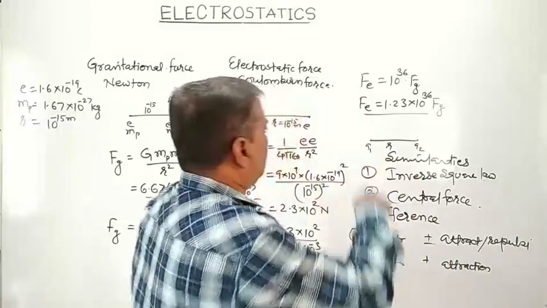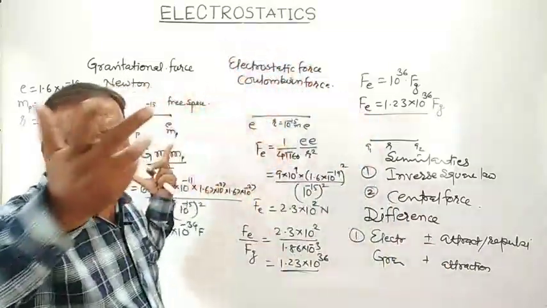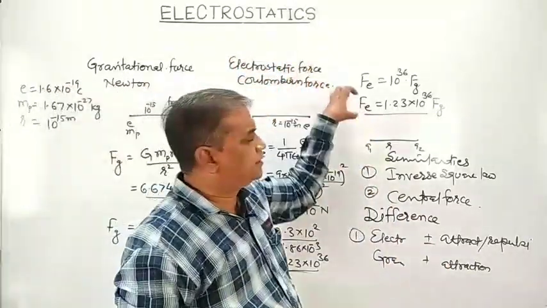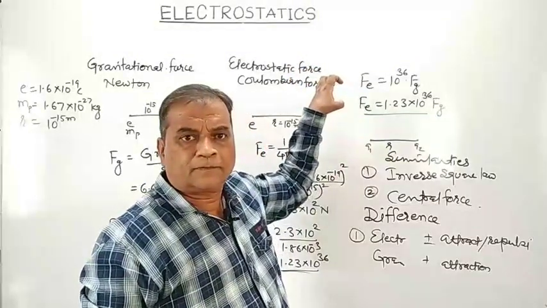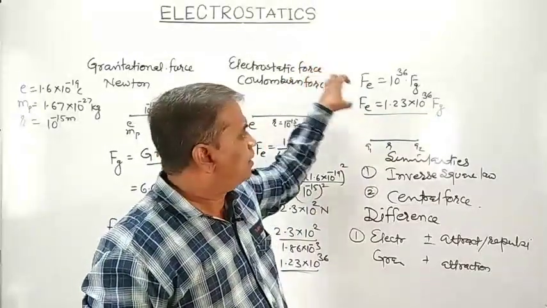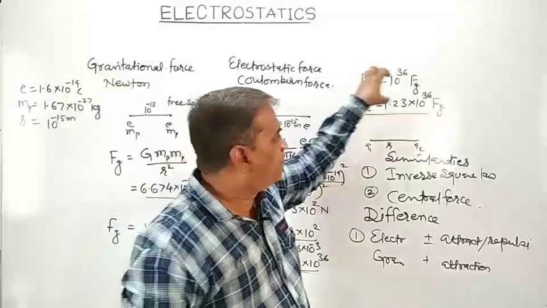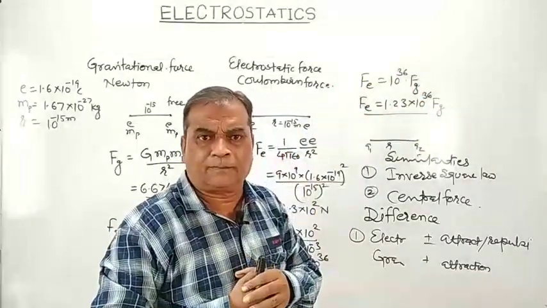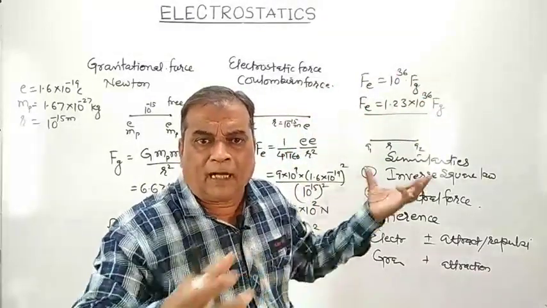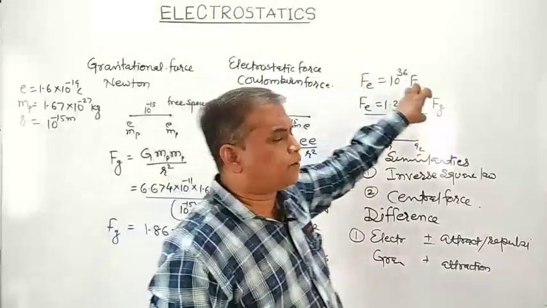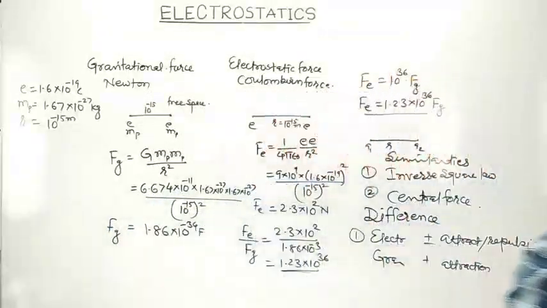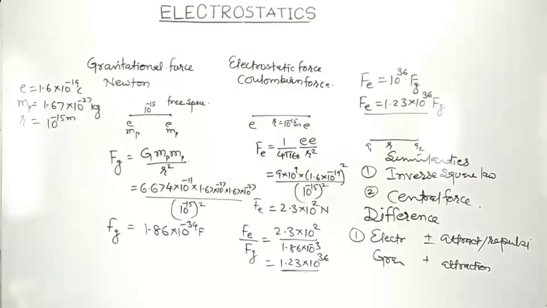So remember, electrostatic force between protons is much stronger as compared to gravitational force. And how are they related? Fe is equal to 10 to the power 36 times that of the gravitational force between the two bodies.